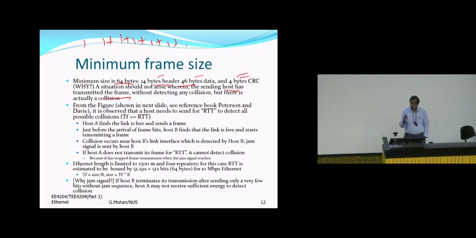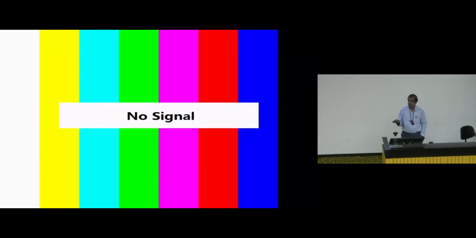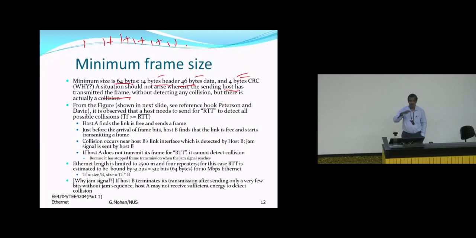It may so happen that this host has completed its transmission, that is, the last bit has been transmitted, but the collision happens after the last bit is transmitted. In that case, it doesn't know that its frame has collided. Note that there is no acknowledgement or negative acknowledgement in this Ethernet broadcast context to tell that your frame has collided or not.